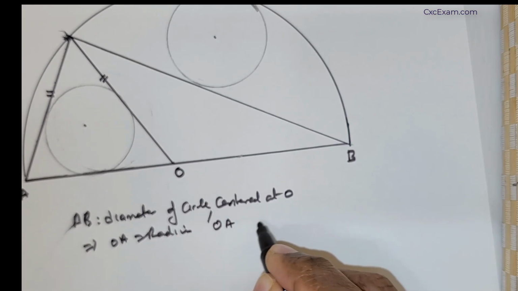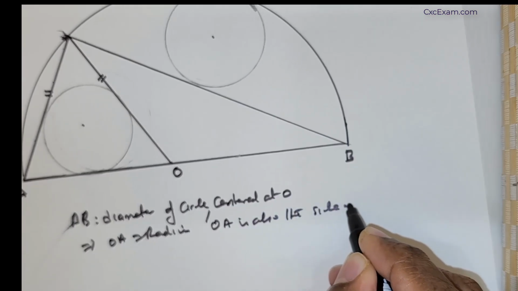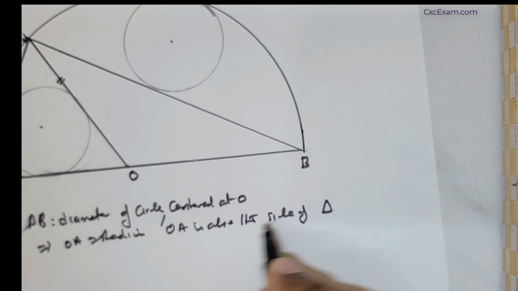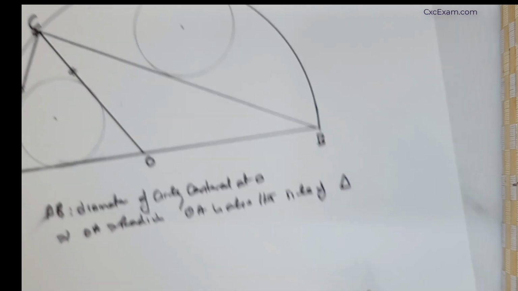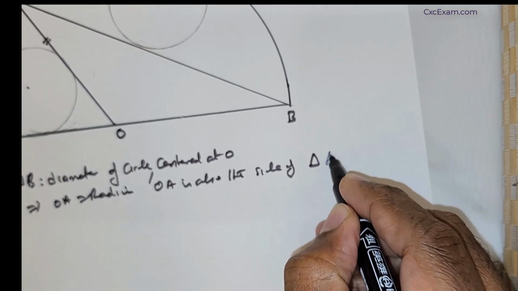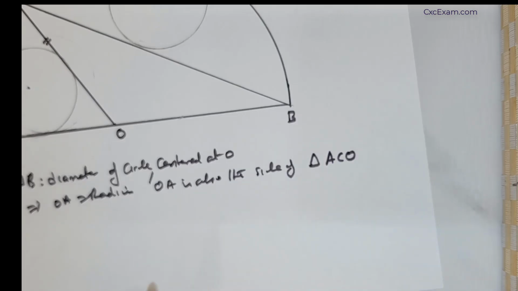Now this OA is also the side of triangle. Let me name this point as C, triangle ACO. Okay.